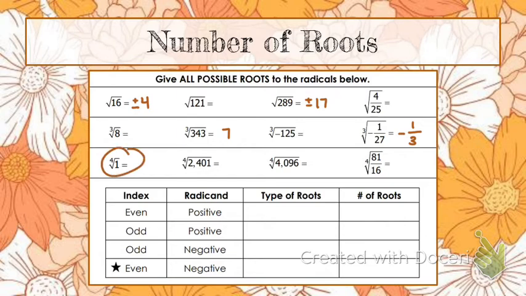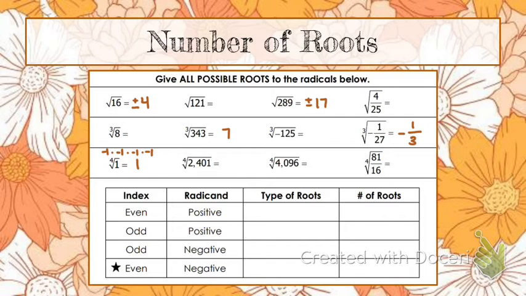Okay, the fourth root of 1, you can use your calculator or you can use your list, is 1. Can it also be negative 1? Let's find out. Negative 1 times negative 1 times negative 1 times negative 1. That is 4 negatives.